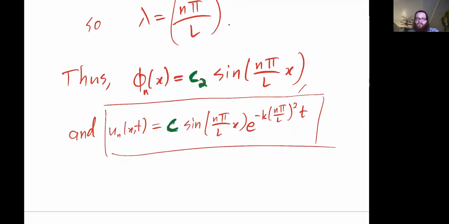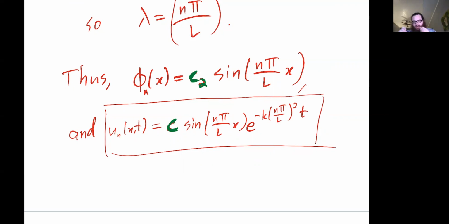And so putting everything together, we had a constant from the time piece and a constant from the spatial piece. Two constants. The initial condition is going to tell us what that constant has to be, so we're just going to group them into one. But the takeaway now is that we know what our building blocks should look like.